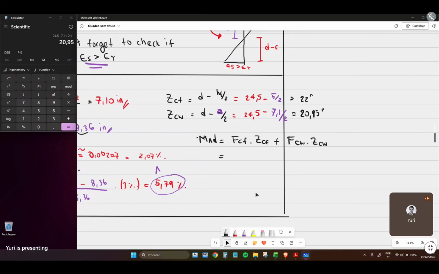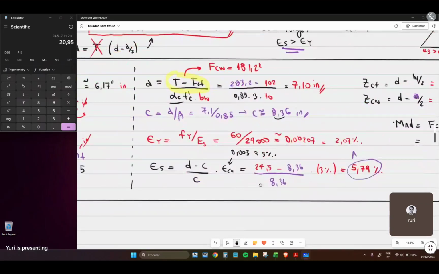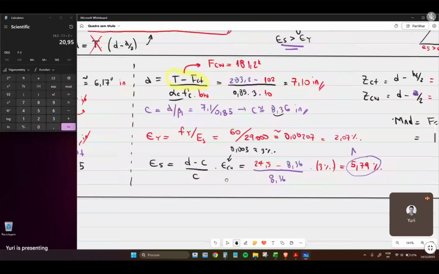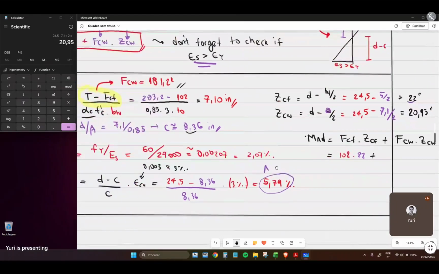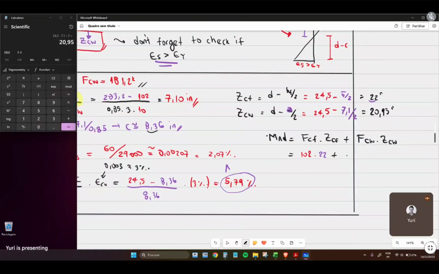The force FCF is 102, so 102 times 22, plus the other one, which is the force of the web of the beam, 101.2 times 20.95.